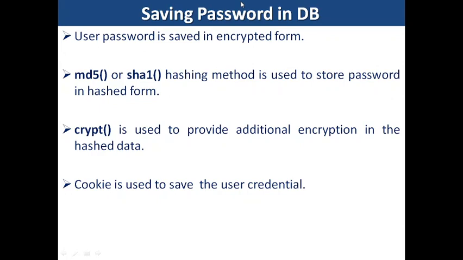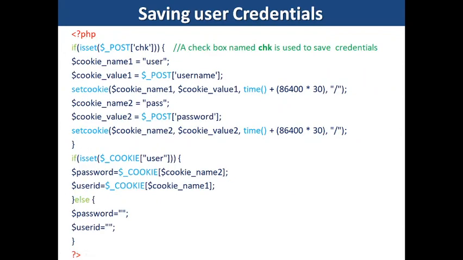So this is over. Next is saving user credentials in the cookies. So what we will do, we will add an if isset $_POST chk, the checkbox named chk, which is used to save credentials.